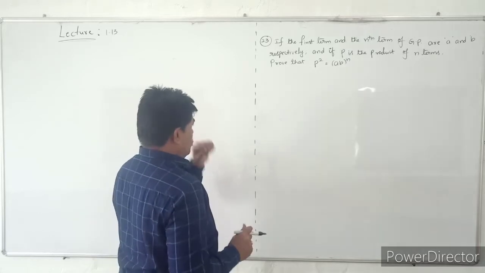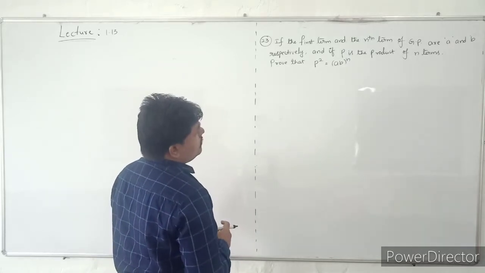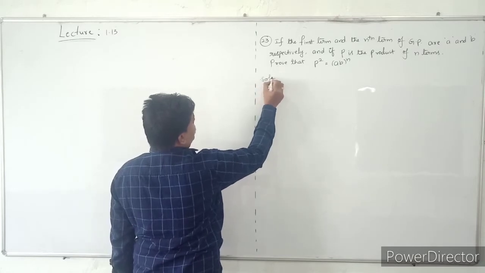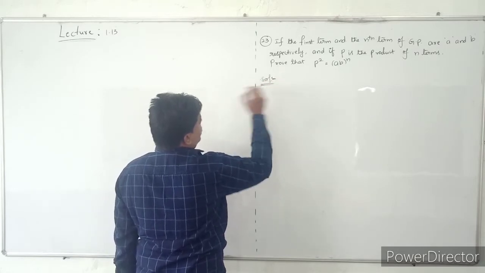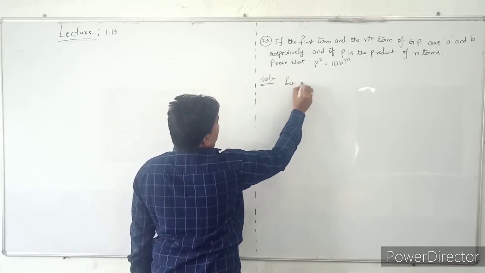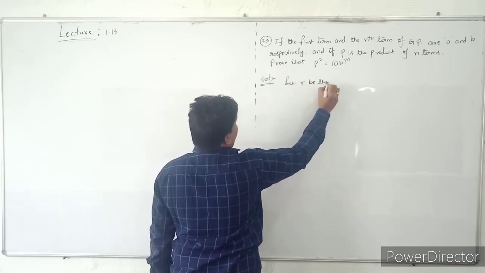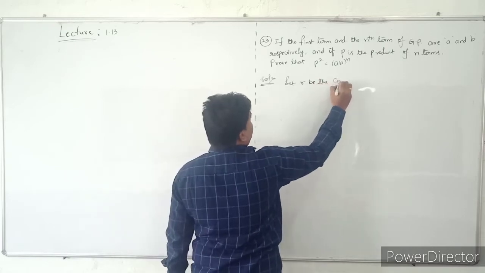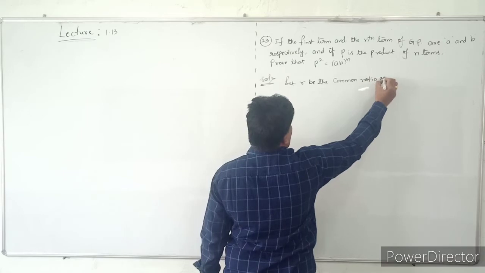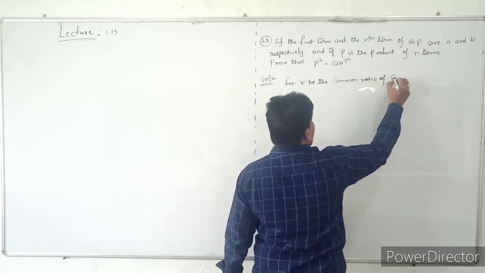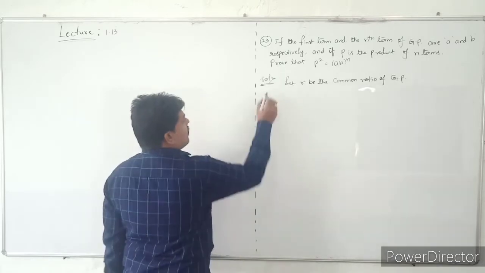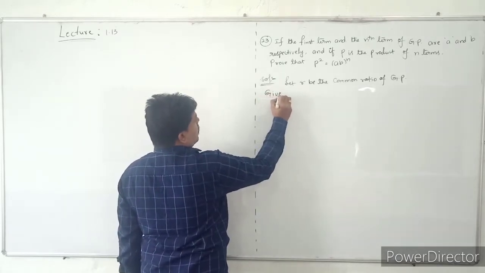So see students, in the question already they have given the first term. Let R be the common ratio of the geometric progression. Why? Because the first term is already given. What is given in the question?